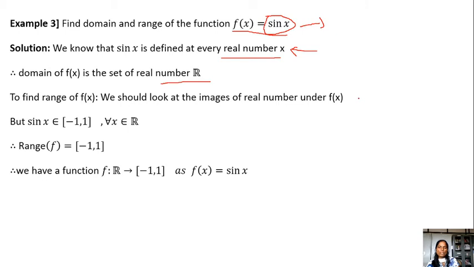We know that sin x lies between -1 and +1, so -1 is less than or equal to sin x less than or equal to 1, and therefore your range of the function is the closed interval -1 to 1. So the set of real numbers R is the domain, and the closed interval -1 to 1 is the range of your function f of x equal to sin x.